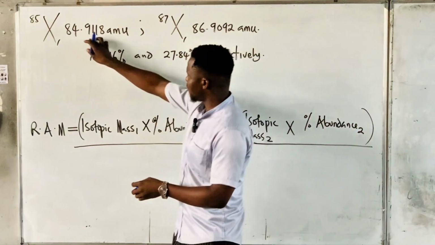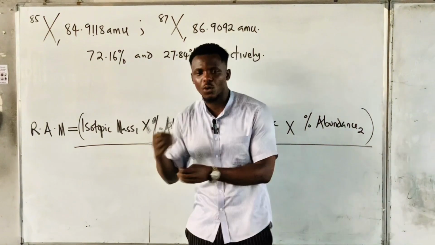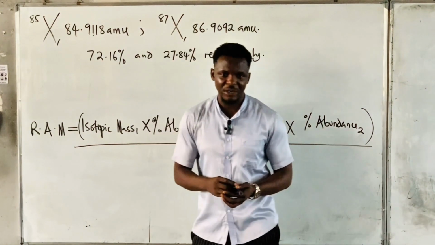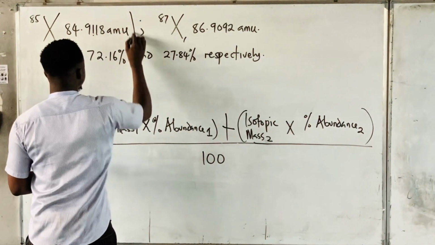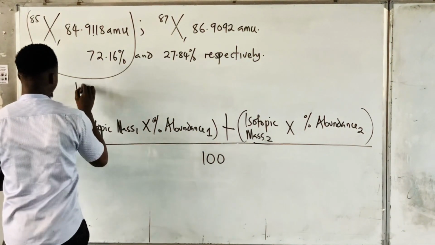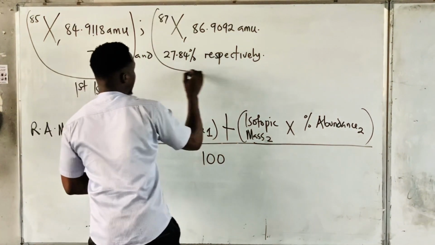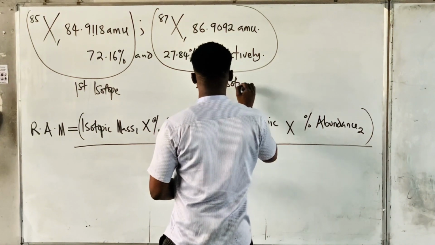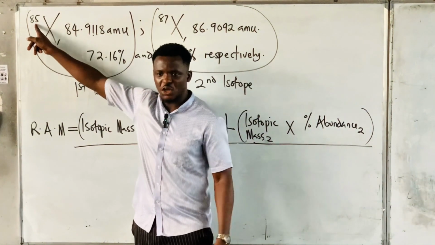They gave us the first isotope. How will I know it is the first isotope? Apart from the fact that they will always mention it first, the one that has a lesser mass, you consider as the first isotope. So I'll say this one is the first isotope. This one is the second isotope. Now, the isotopic mass of this one is 85, isn't it so?